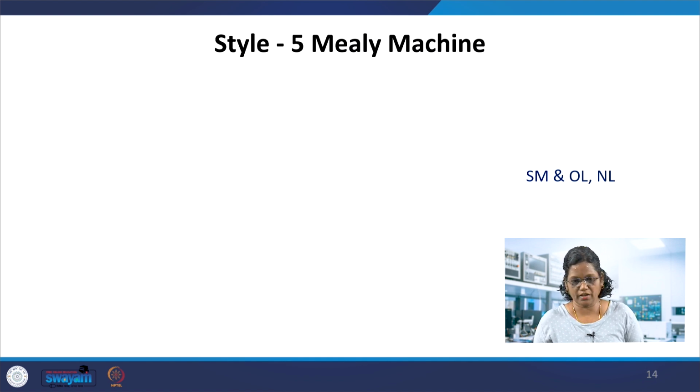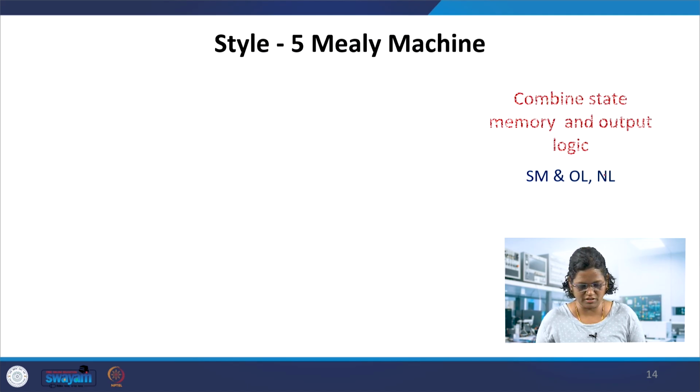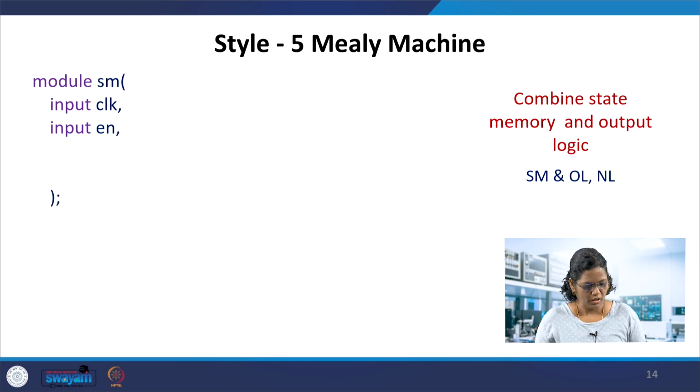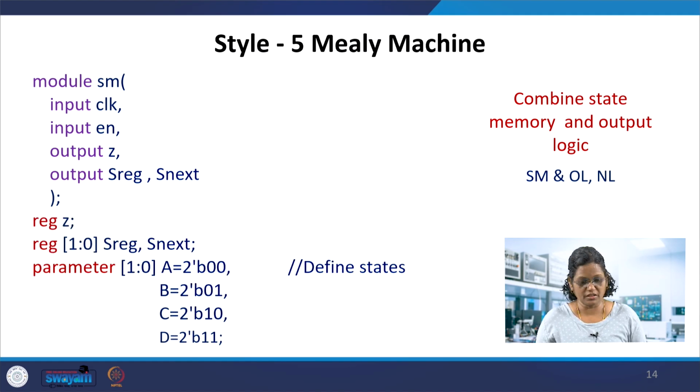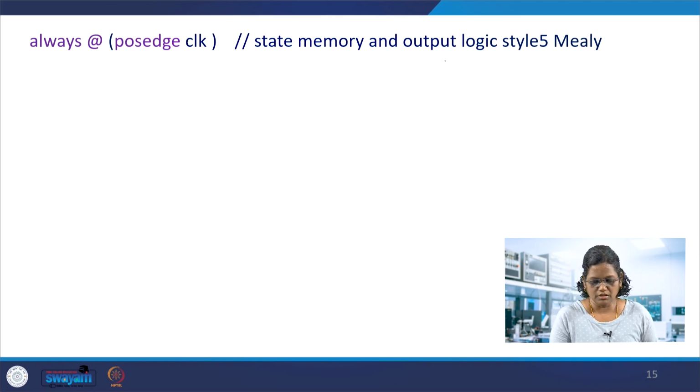So this is style 4 merely. And then style 5 Mealy machine, which combines state memory and output logic, with the next state logic in a different always block. The same module declaration continues here with the defining states as well, with 2 bits. After that, we have the state memory and output logic.